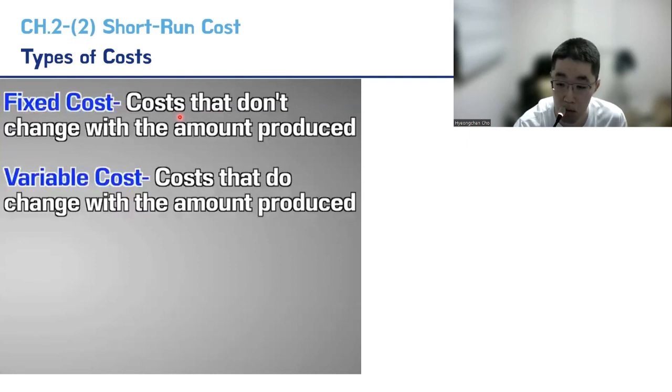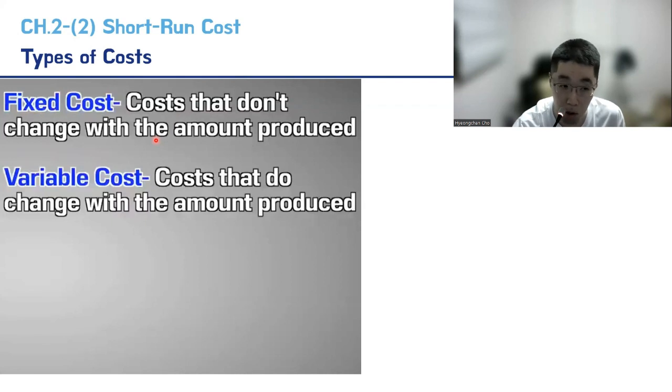It's a fixed resource. It doesn't matter how many pizzas are produced, you still have to pay for the one oven. Another example might be the manager's salary, right? You still need a manager whether you produce one unit or 1,000 units. So the manager's salary is a fixed cost.